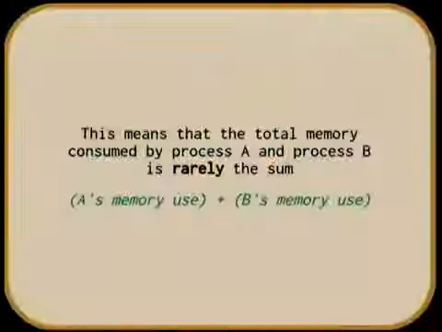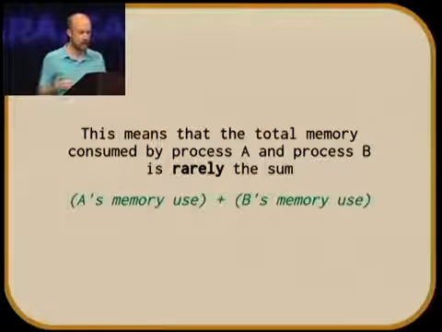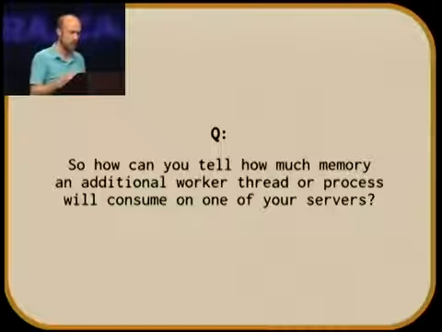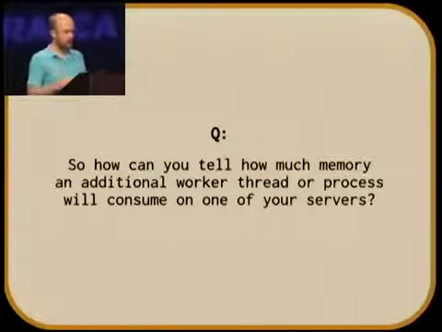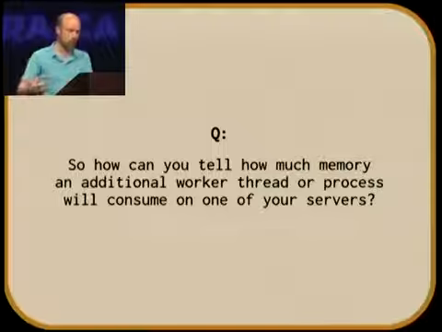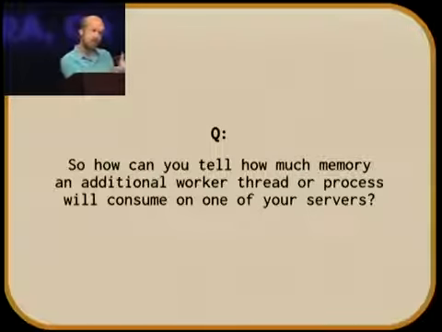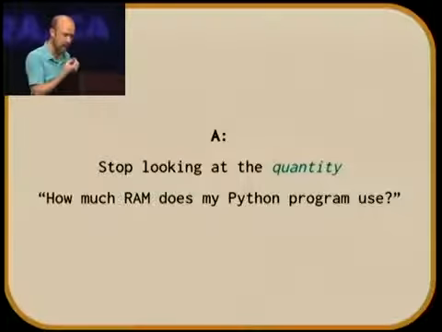This means, by the way, that the total memory consumed by process A and process B together is very rarely the actual sum: A's memory use plus B's memory use. So how can you tell how much memory an additional worker thread or process will consume on one of your servers if the OS is letting them share some RAM behind your back?